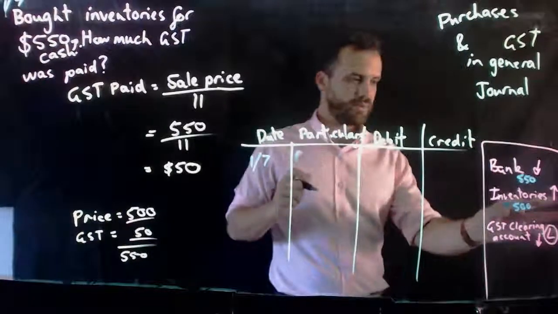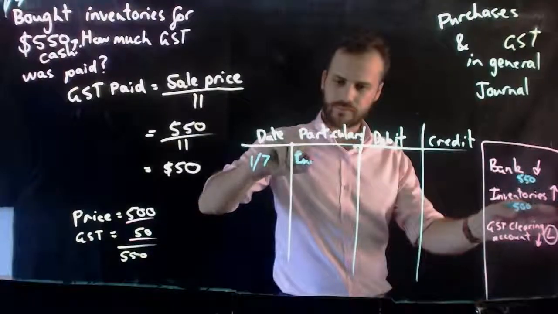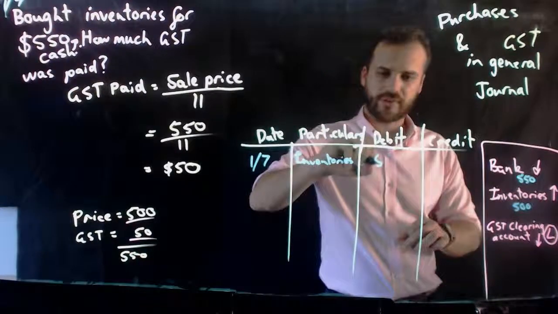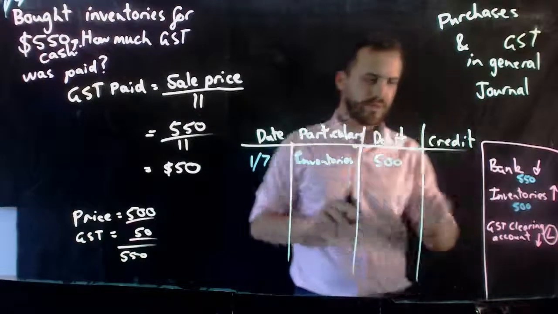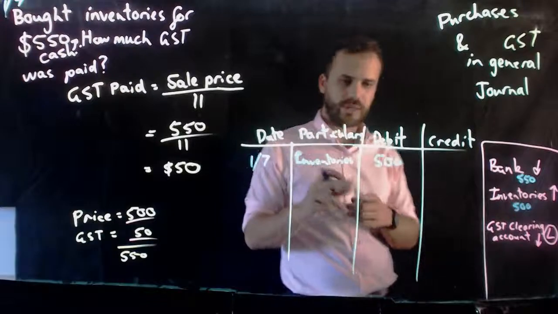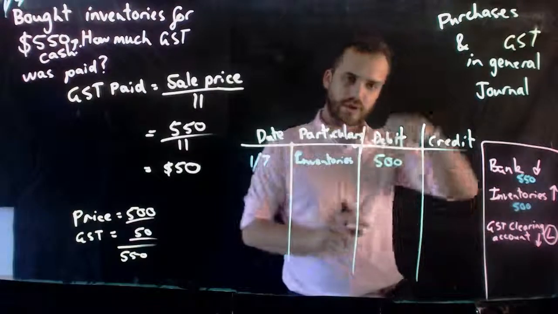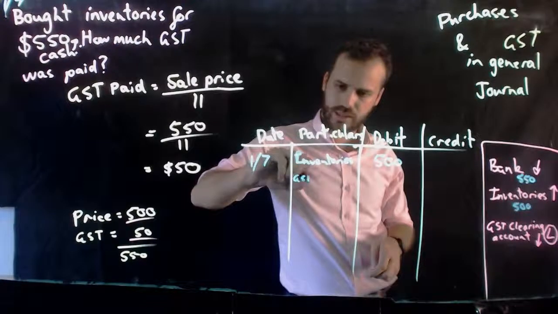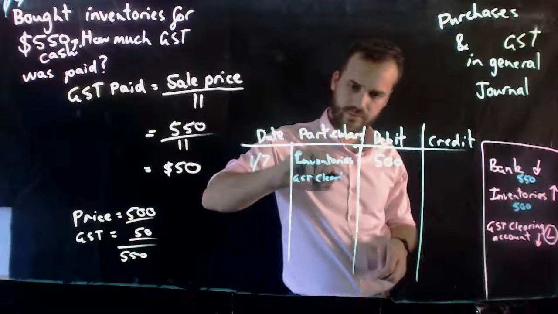Okay, so first thing that happened was the inventories went up. And they went up by $500. GST clearing account went down. It's a liability, it went down. So a liability going down is also a debit. GST clearing account.